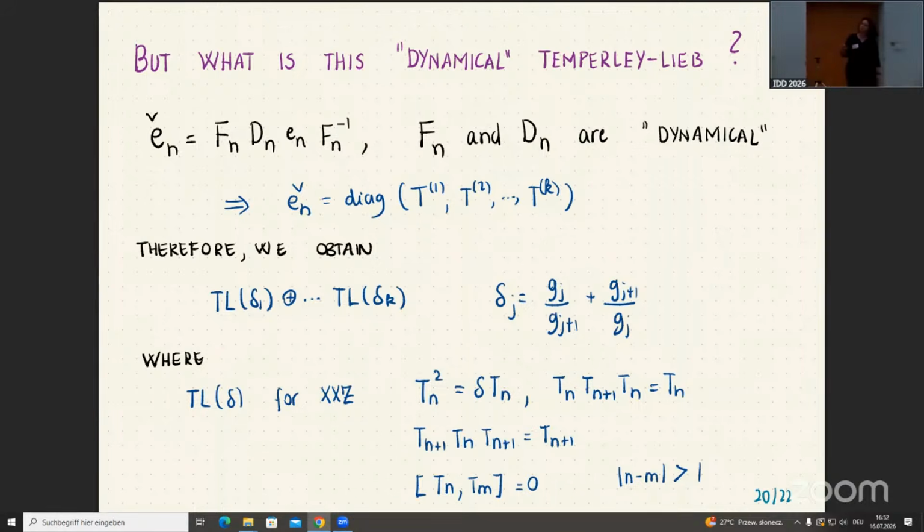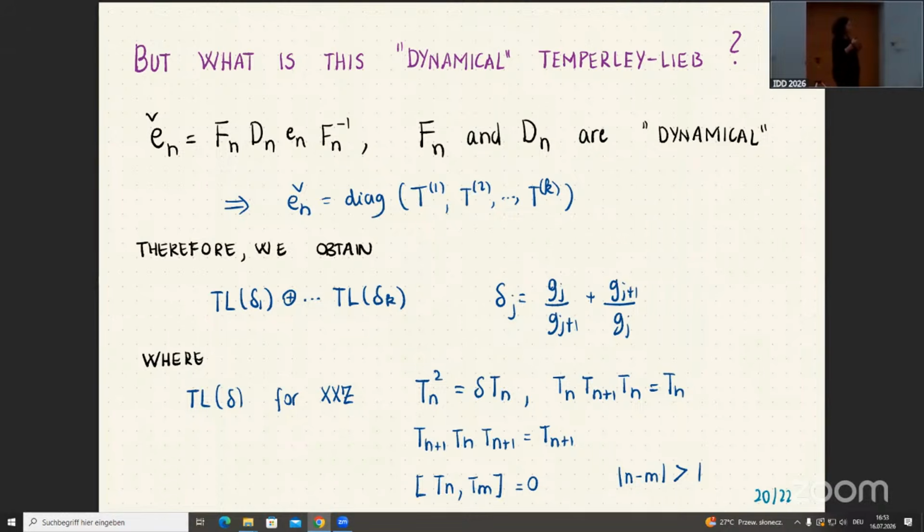So if you take the normal Temperley-Lieb, now with a different delta in each copy, this gives k decoupled copies of the Temperley-Lieb. So if you start with k copies, or for this case two copies of XXZ, the standard Temperley-Lieb, and you twist in this dynamical way, you get our dynamical Temperley-Lieb.